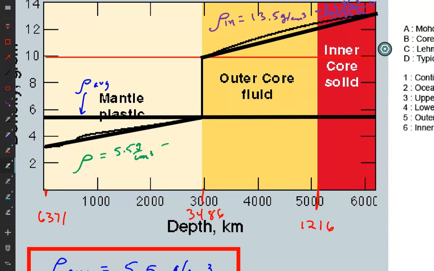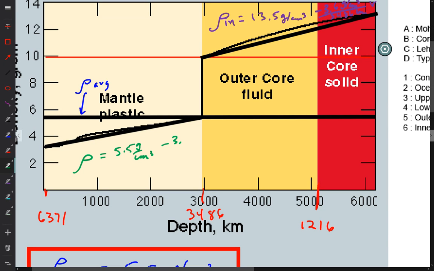So 5.5 to 2.2 is 3.3, divided by that distance from there to there, which is 2,885, and then I have to multiply this one by R minus 3486 because I didn't start at 0.